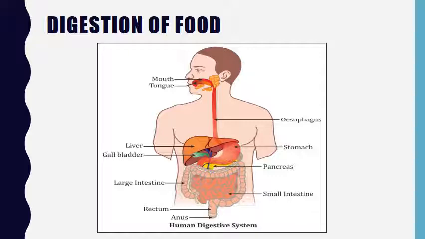So first, what is digestion? We have to understand what digestion is. Digestion means breaking of complex food material into a simpler food to get absorbed by our body. Whatever food we are eating, first it breaks into small portions, then it breaks into such simpler forms that it can easily be absorbed by our body. So digestion means breaking of complex food material into simpler food to get absorbed by our body.